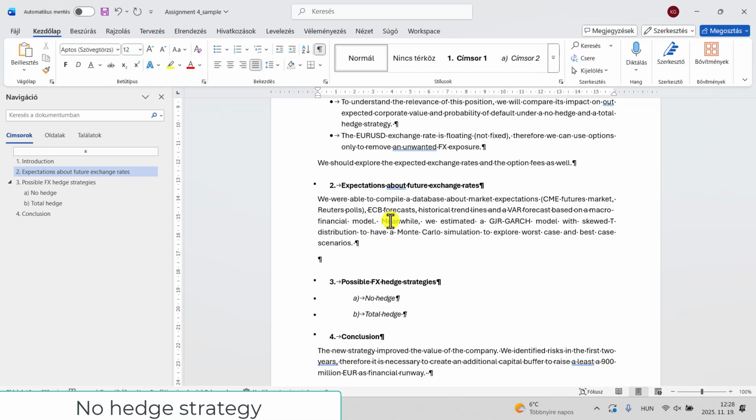I know that in the spring semester at the beginning, at another class, we explored what can happen, and at that time the exchange rate was around 300 Hungarian forints to euro. So the craziest scenario was around 360.